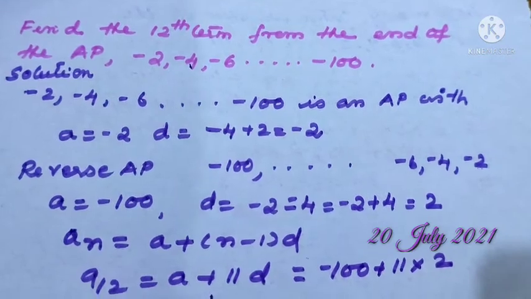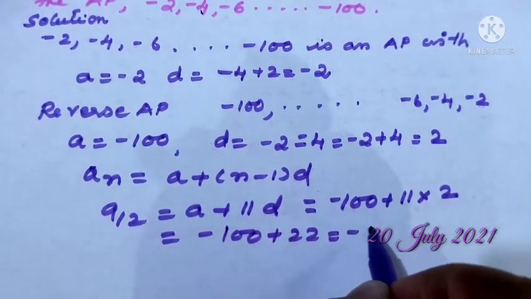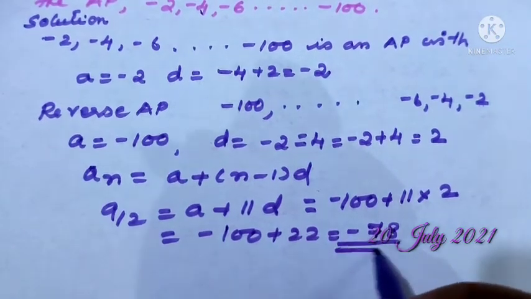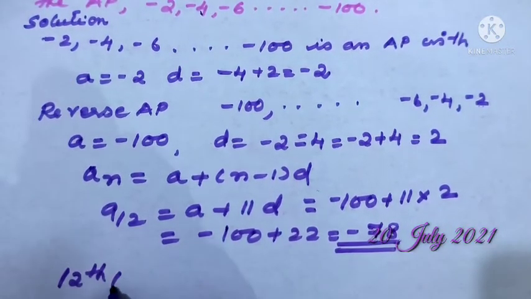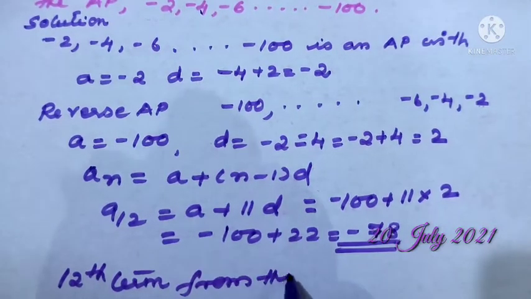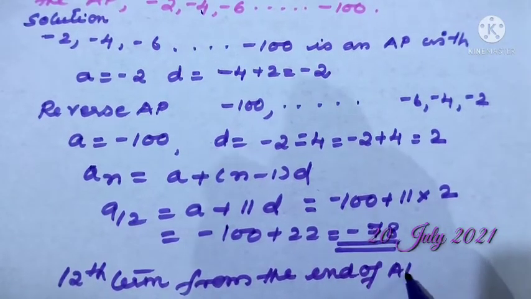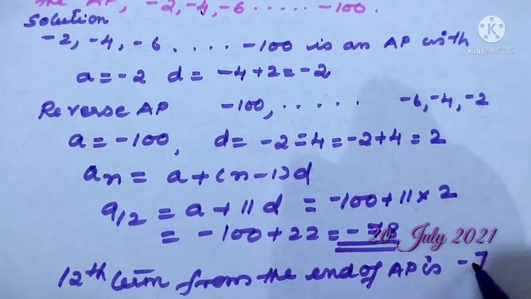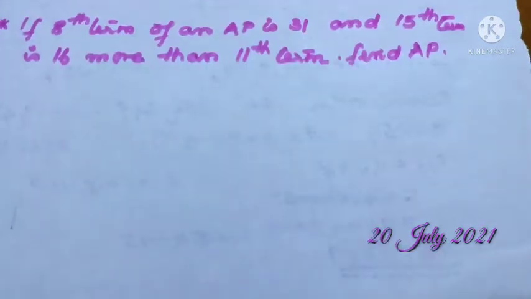So minus 100 plus 22 equal to minus 78. So the 12th term from the end of the AP is minus 78.